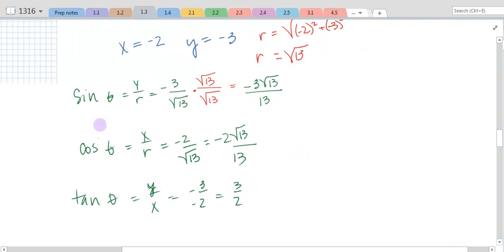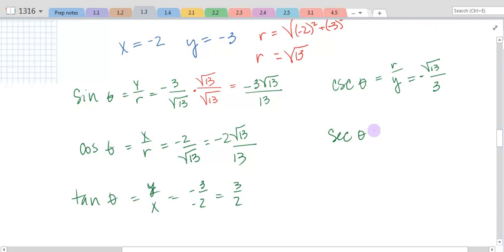If I know sine, cosine, and tangent, I can pretty easily take the reciprocals of them to find the remaining 3 trig functions. So cosecant of theta would be r over y, negative square root of 13 over 3, because it's the reciprocal of the sine.